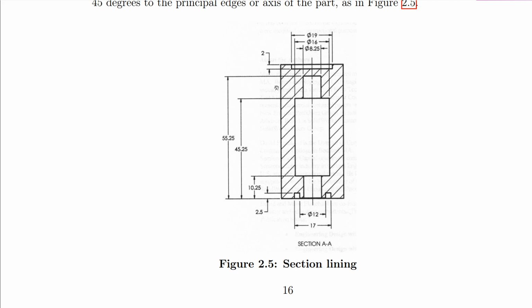Okay, this is the edge, and within this object there is a void. So you see the section line from this edge to this line here, from this line to this line, and it goes around it, and you are clearly able to see the area where there is no material or where there is a void. All right, and where there's material, where the cutting plane has gone through, is also revealed.